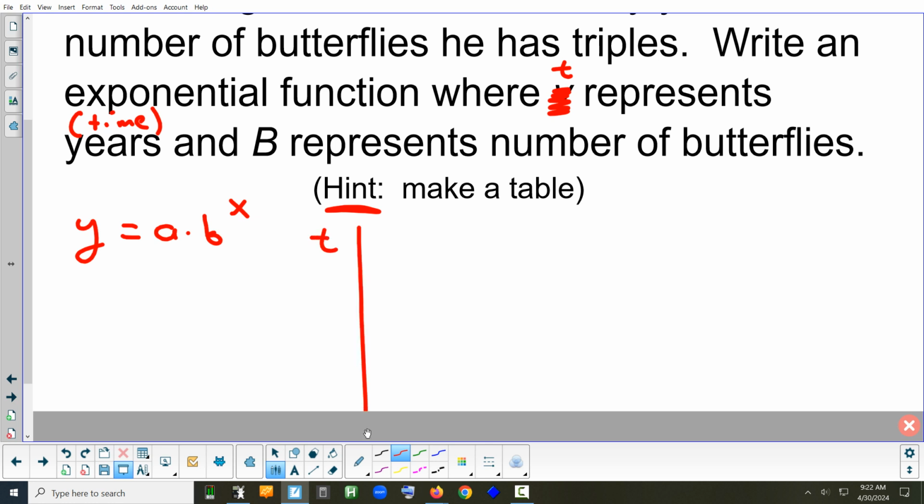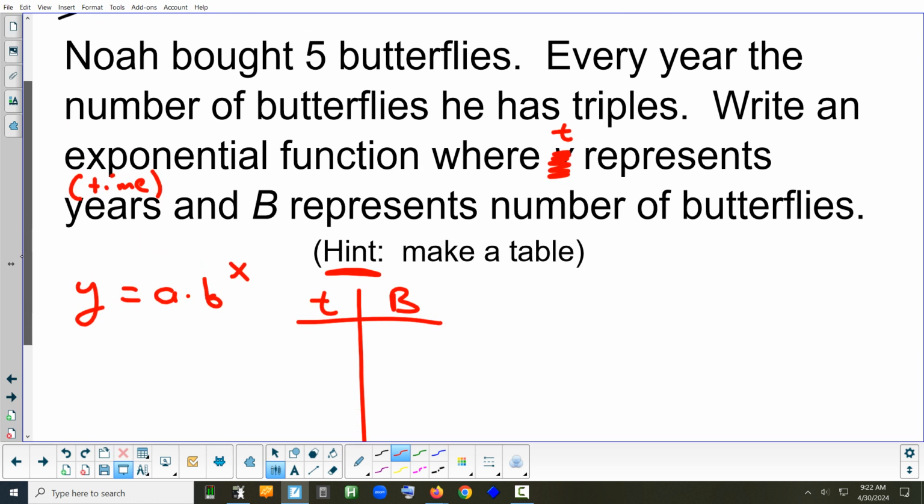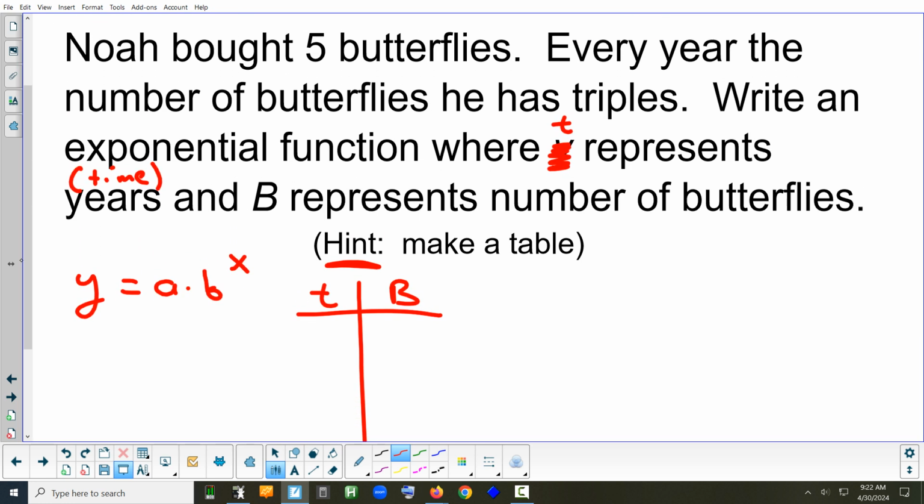That'll mess us up. All right, so we need to make a table. Normally in the table we do x and y. Well, they're giving us different letters. They're saying t and b for butterflies. So when we think about the number of butterflies that Noah has, what's the smallest amount of time that could have gone by in this problem? 0, right? 0 always represents the beginning, if you're doing an experiment or something.